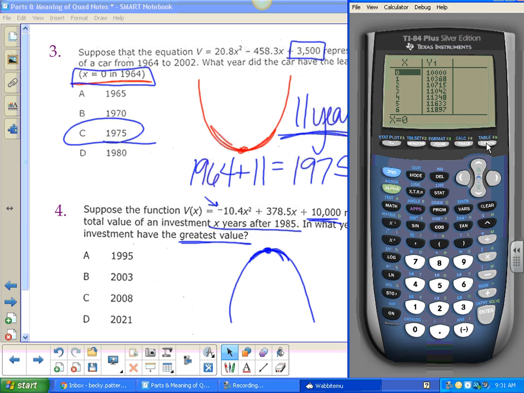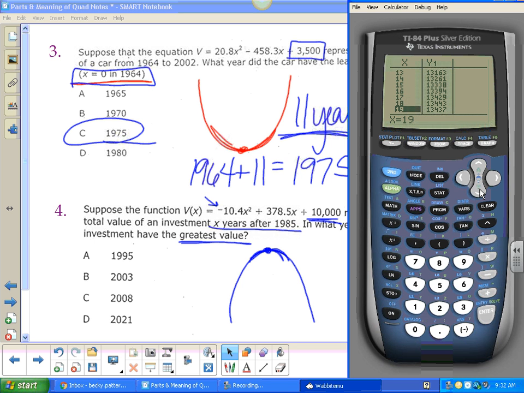Okay, so at 0, you can see we're starting at $10,000, and here we go. Our money is increasing, increasing. Well, I don't want to sell it yet because it's still increasing in money. So I want to find where it peaks and starts to come back down, because I want to sell this investment when it peaks. Still going up, still going up. That's still higher.